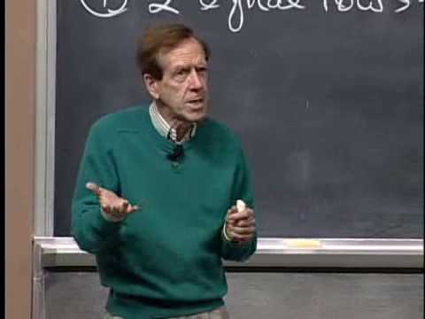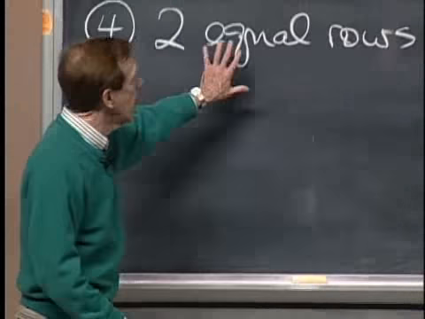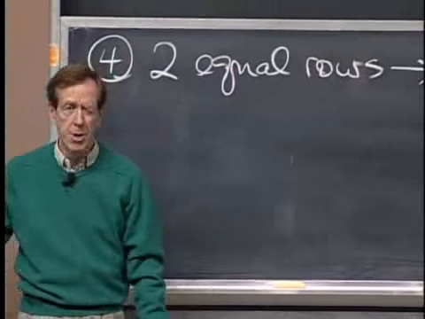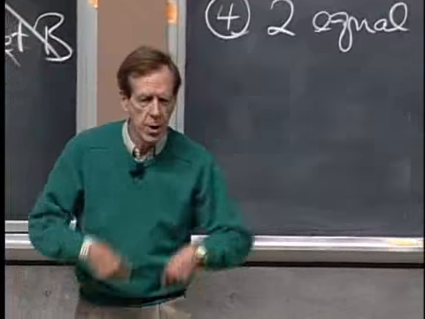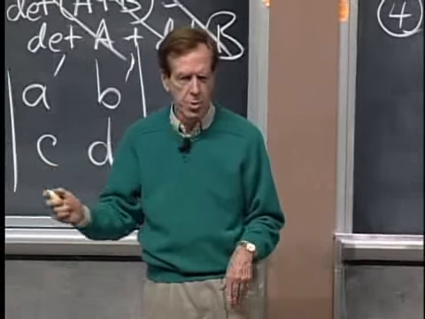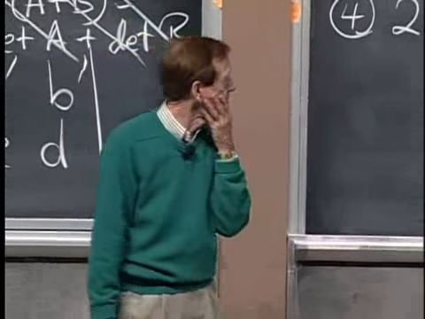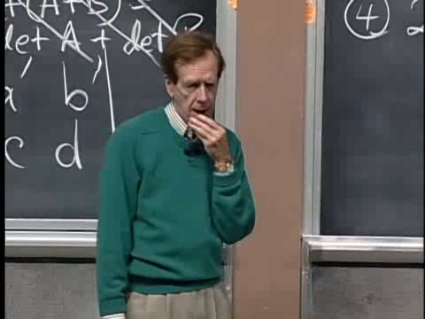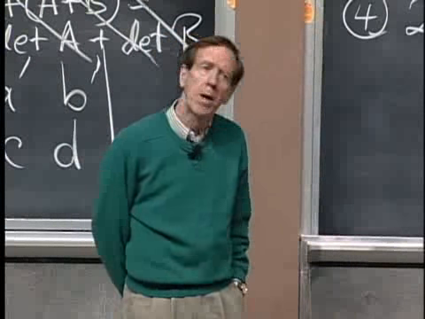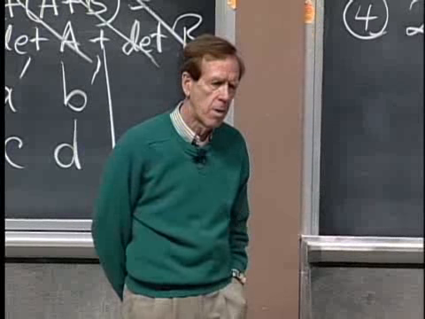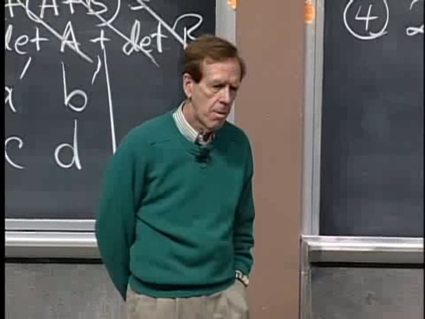Can you see the reason? How do I get this one out of properties 1, 2, 3? Because that's all I have to work with. Everything has to come from properties 1, 2, 3. So suppose I have a matrix, and 2 rows are equal. How do I see that its determinant has to be 0 from these properties?